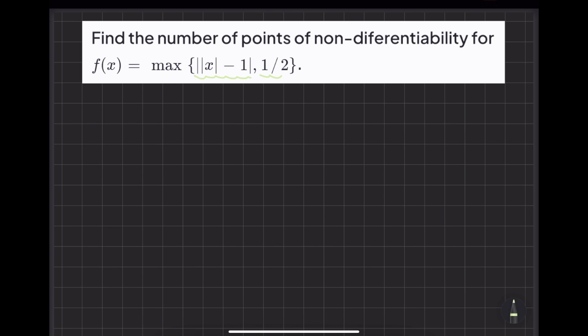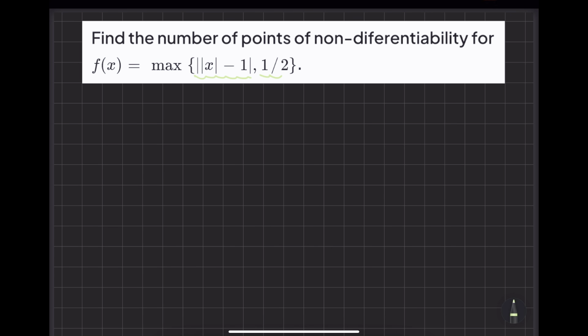Now look at this, we have to draw the graph of x minus 1. So suppose it is a straight line, and suppose that x is 0. So if x is 0, y will become minus 1, and if y is 0, x is 1. So this is the graph of y equal to x minus 1, correct?